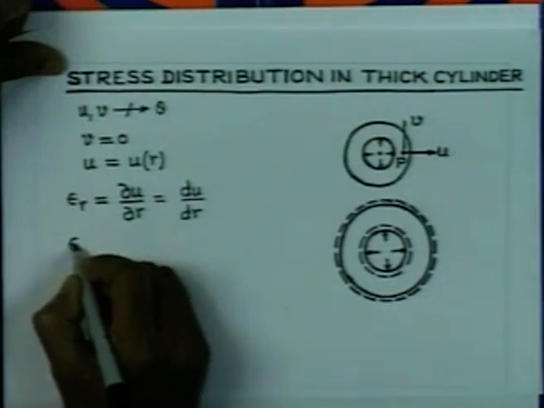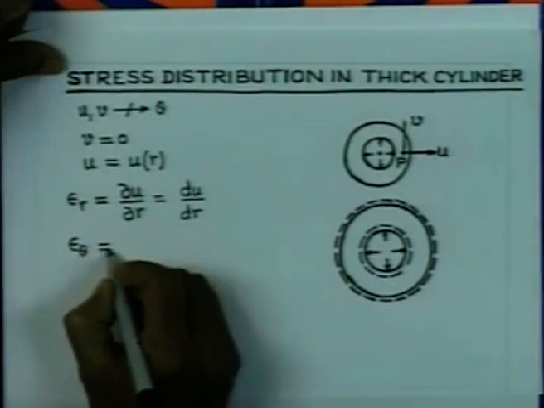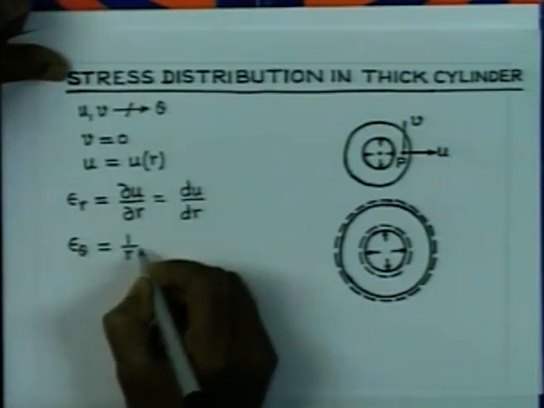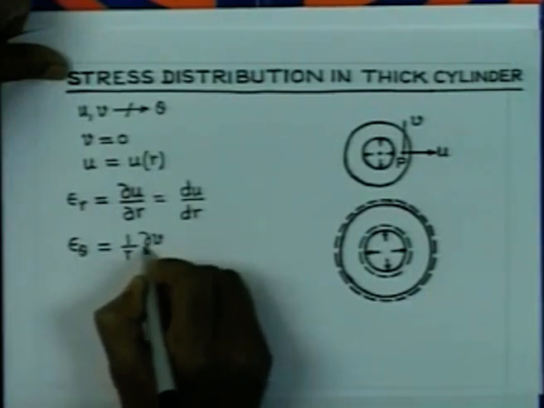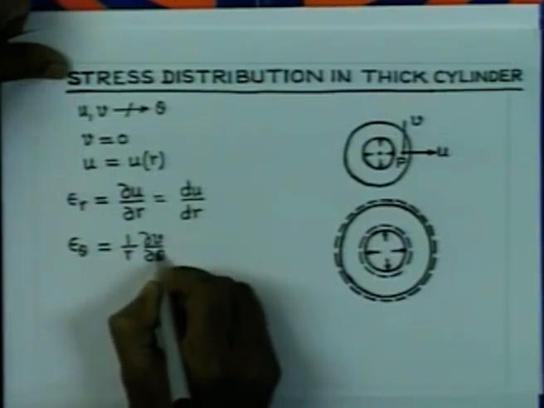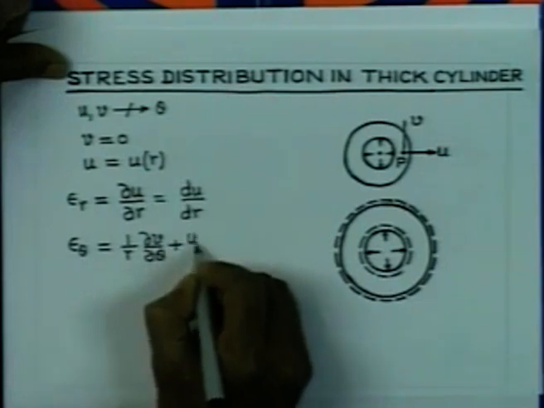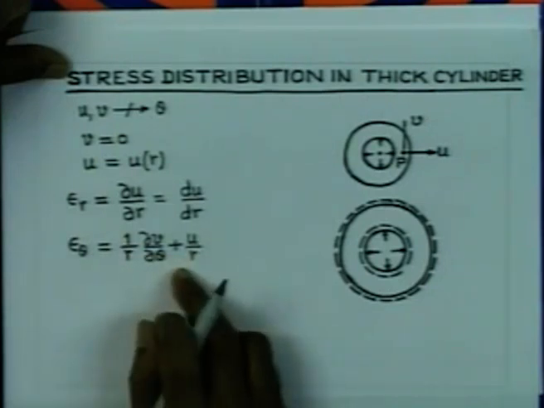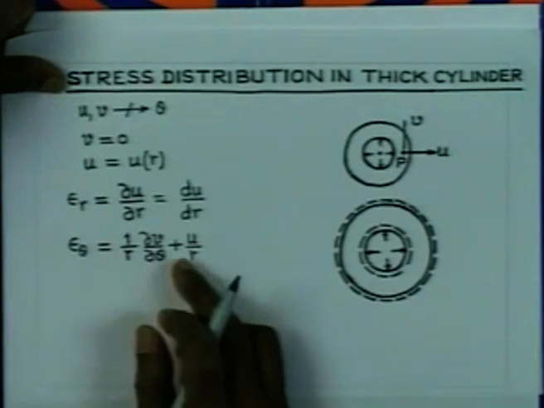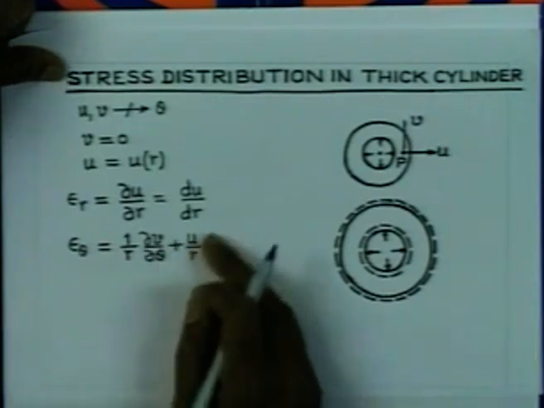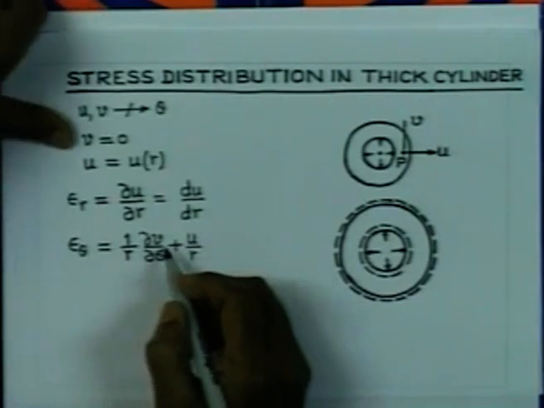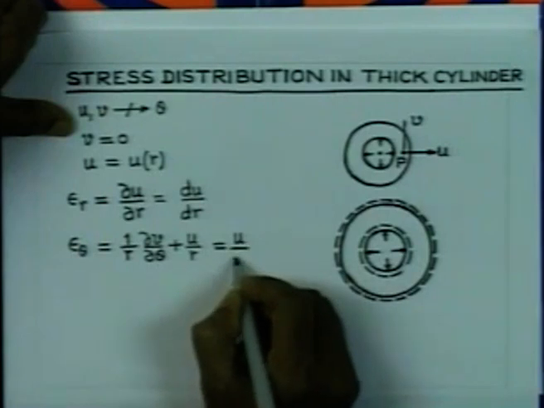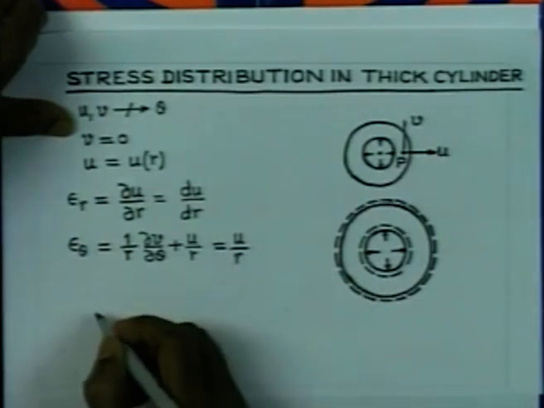Now, the strain in the circumferential direction, epsilon theta, was given by 1 by r delta v delta theta plus u by r. So, the strain in the circumferential direction is given by the partial derivative of v with respect to theta plus u by r. Now, since v is 0, the circumferential strain is given by u by r.